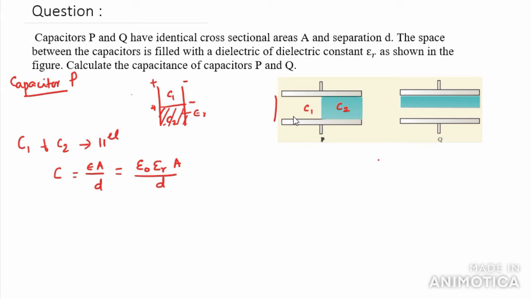Here the separation distance is D for both capacitors, but the cross-sectional area becomes half, A by 2 for each.